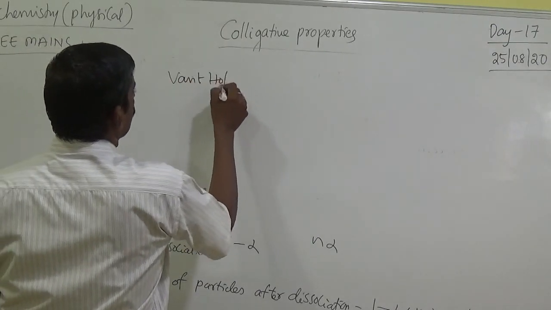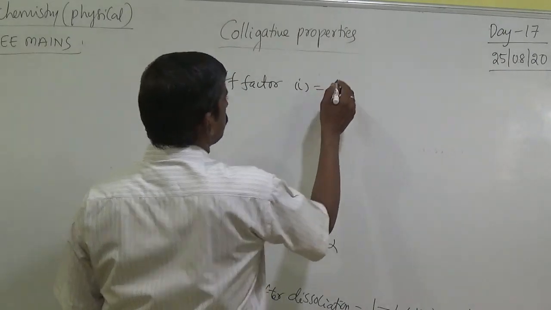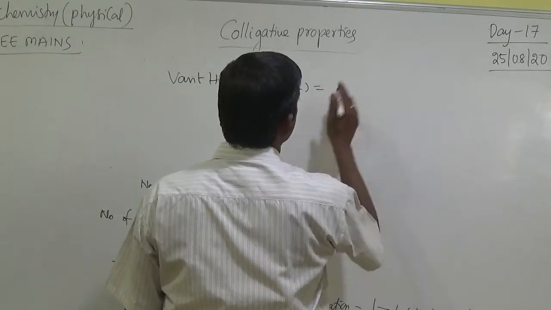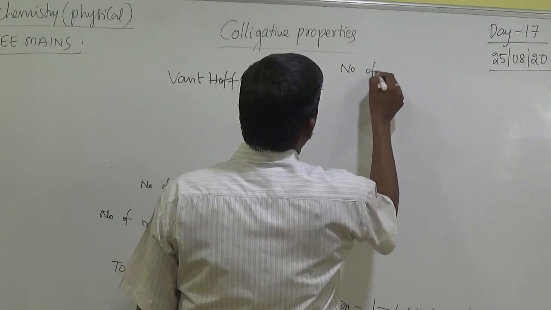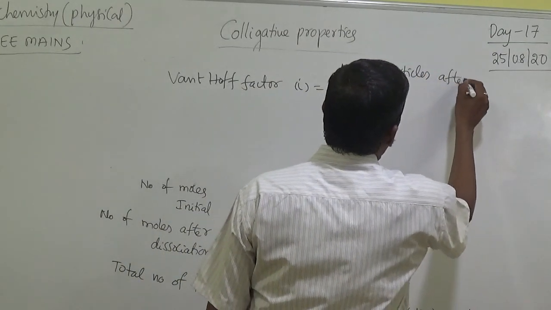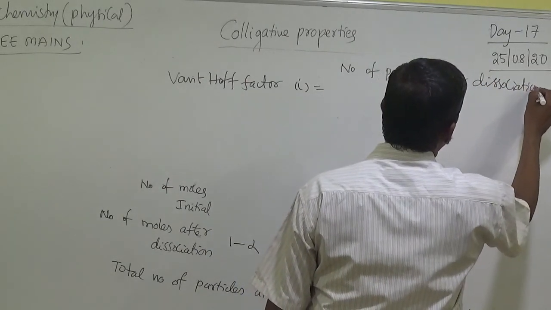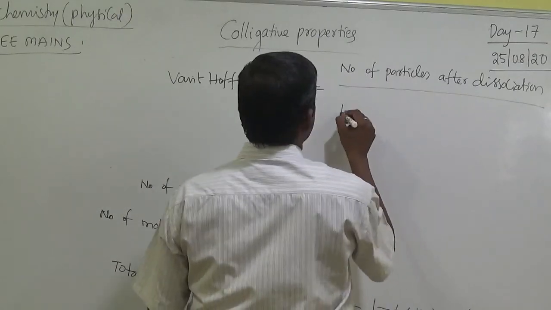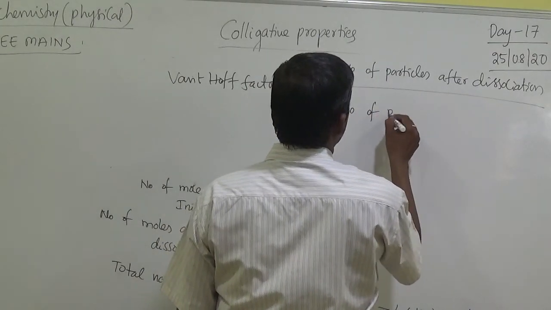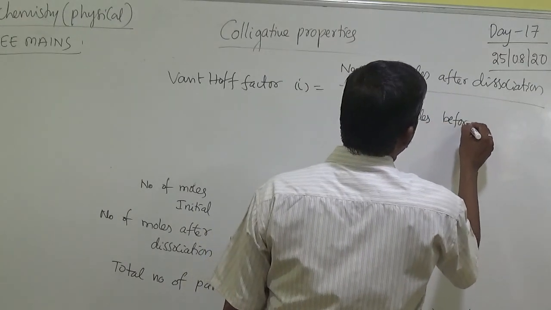Van 't Hoff factor i equals the number of particles after dissociation divided by the number of particles before dissociation.